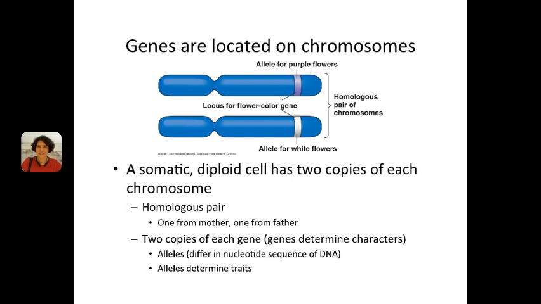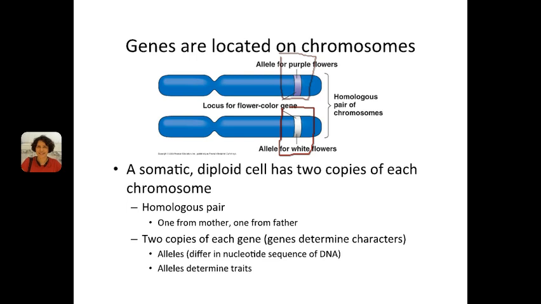In this particular individual, we're looking at the characteristic of flower color, and we see that the individual is heterozygous for flower color because it has one allele that determines purple flowers and another allele that determines white flowers.